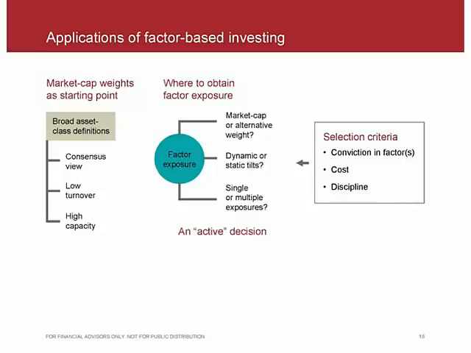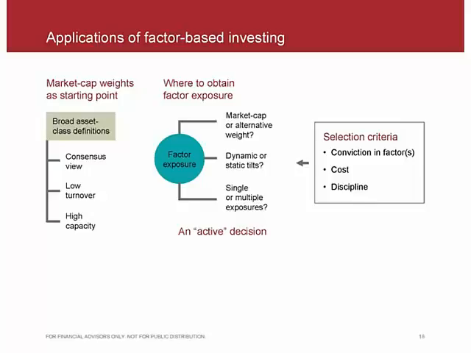If you pivot from that, then you're moving into the active world, and you should treat anything of that nature as just another active decision, whether you're buying a bottom-up active traditional fundamental manager or whether you're looking at factor-based investing. And as we treat that as an active decision, there's a decision-making framework that you need to go through. You've got to decide, how do I want to achieve this factor exposure? Do I believe in just one?